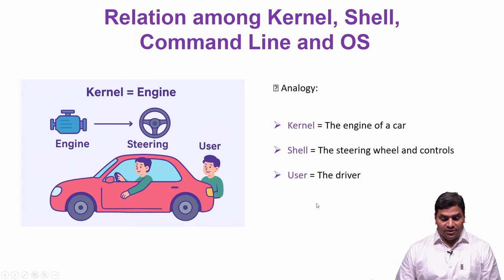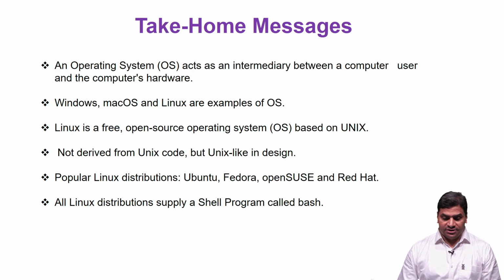You can think of the relation between kernel, shell, command line and operating system by this schematic diagram. Your car's engine is basically the kernel, the steering of the car is the shell, and the driver is the user. That is how these terms are interrelated.